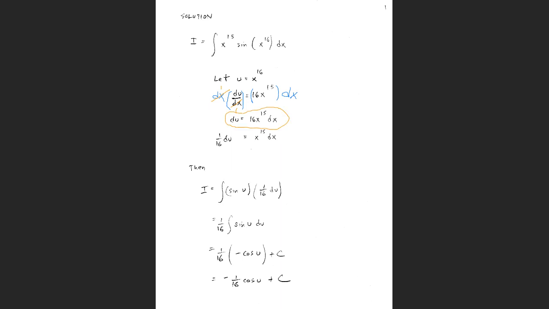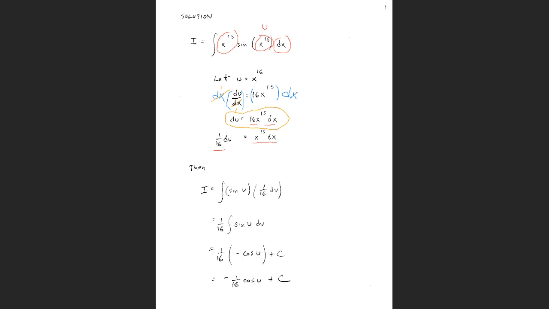But remember, what I have up here is x to the 15th dx, not 16 times x to the 15th dx. So x to the 15th dx would just equal 1/16 du.